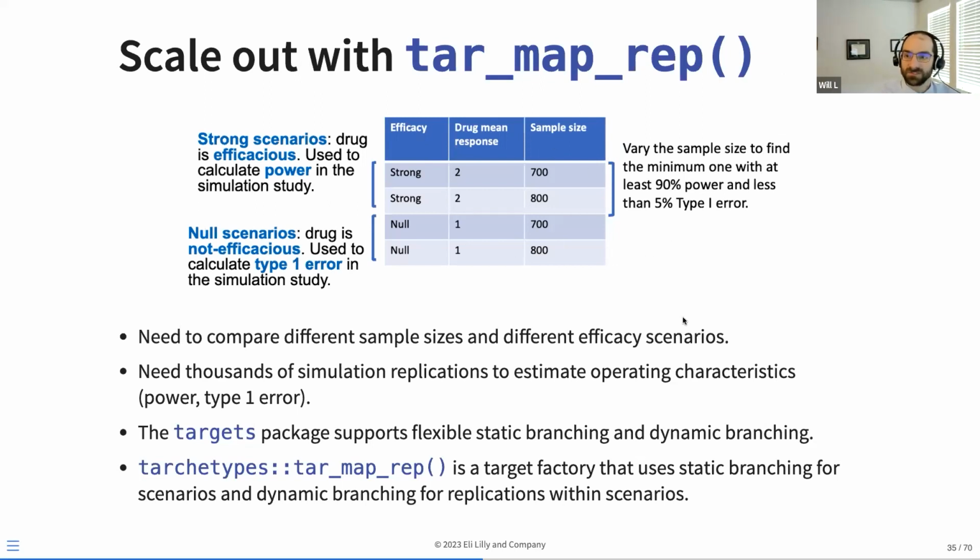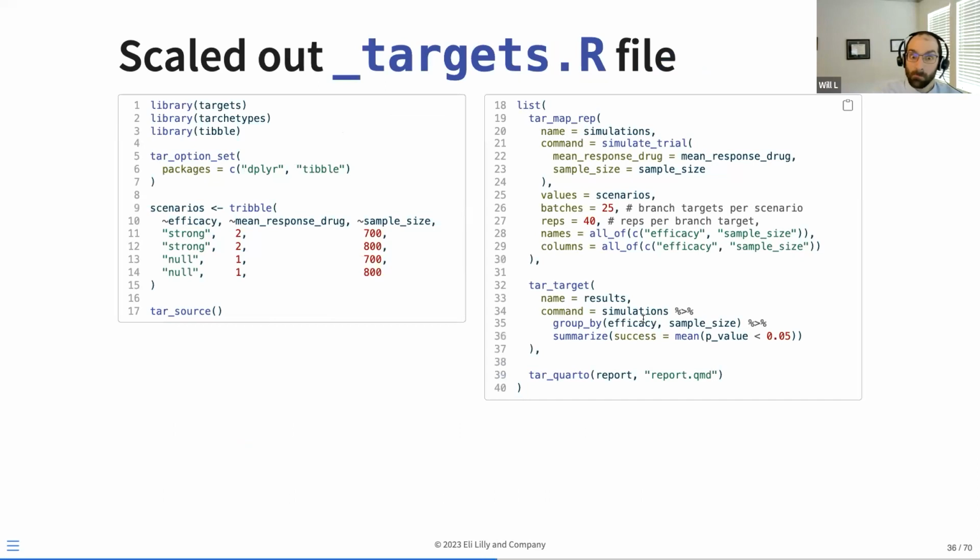And each of those scenarios defines some kind of simulation that you want to run thousands of times. This is so common that this target factory is really one of the most useful in Tarchetypes. We use it constantly, and I'll describe how this works.